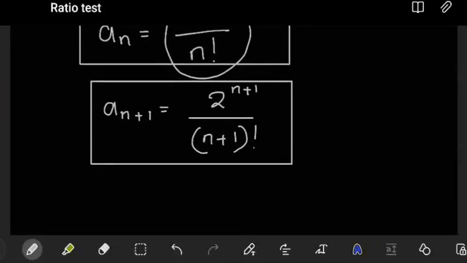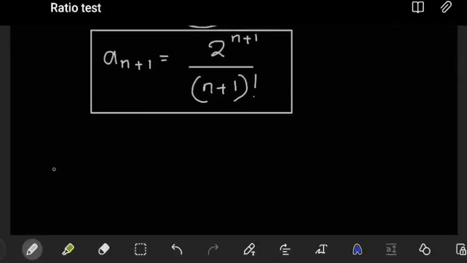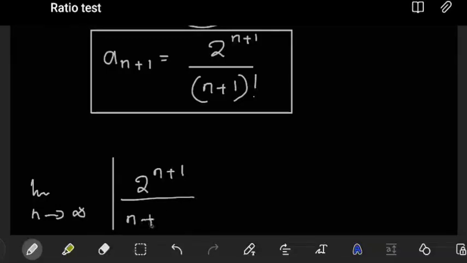Once we have the 2 expressions, we can then use the ratio test. Does our a sub n converge or diverge? Well, to answer that question, we have to evaluate the limit as n approaches infinity of the modulus of a sub n plus 1, which is just 2 to the power n plus 1 divided by n plus 1 factorial.